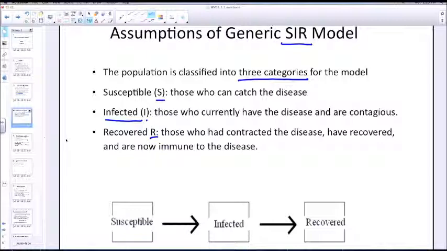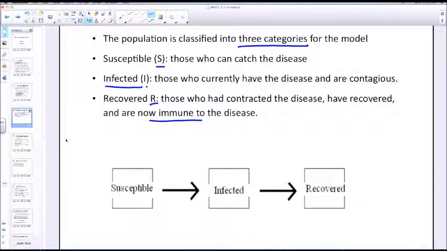R stands for the recovered people. We assume those who have contracted the disease and recovered will become immune to the disease forever. So at the conceptual level, the flow chart is like that. Susceptible people will flow into infected when they are exposed to the disease, and the infected will eventually recover from the disease.